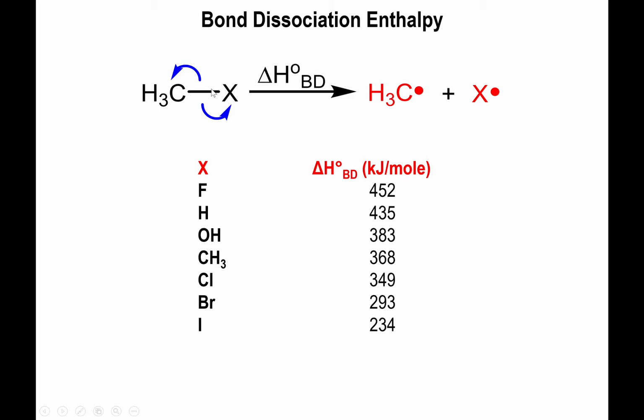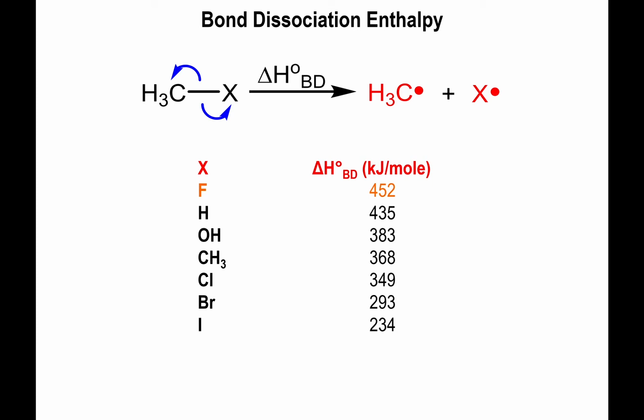Once again, bond dissociation enthalpy entails that we're going to homolytically cleave the covalent bond. So we're going to produce radicals. So first things first, you will notice, much like in the HX example in the previous video, the carbon-fluorine bond is still the strongest in the series.